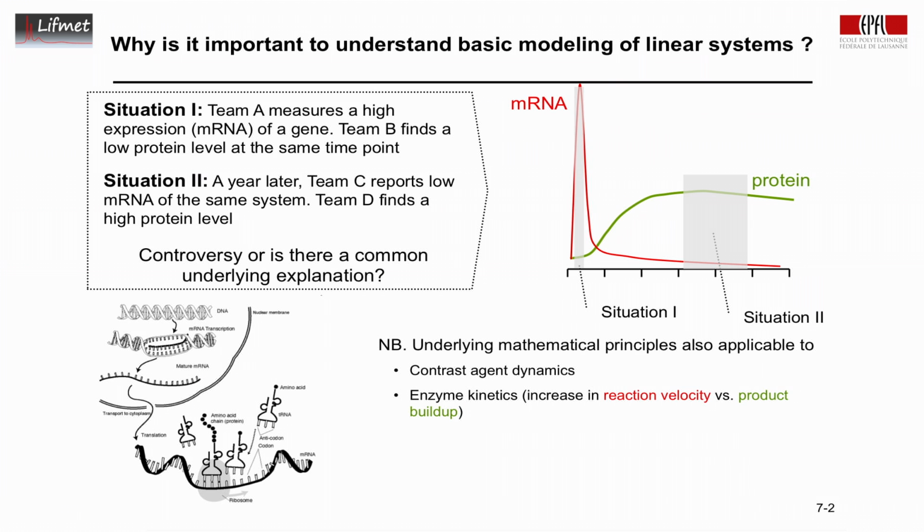Enzyme kinetics, we have the reaction velocity that goes up first, for example, and the product buildup will come later. This cannot happen the other way around. Take diabetes as an example. Patients with diabetes very often have to inject insulin, and the effect on glucose uptake is delayed. So insulin first, then changing glucose uptake predominantly in the muscles comes later.